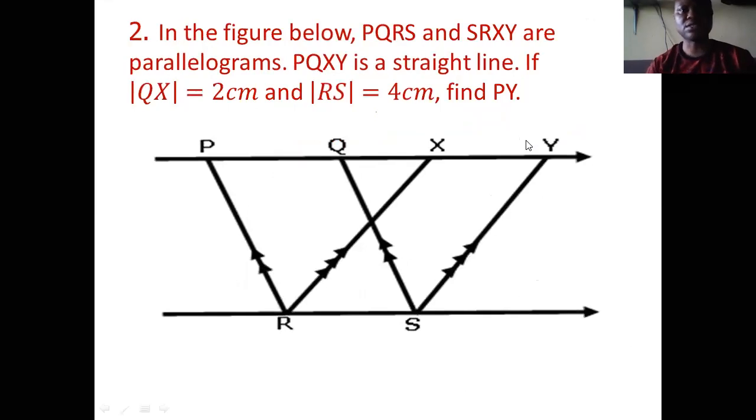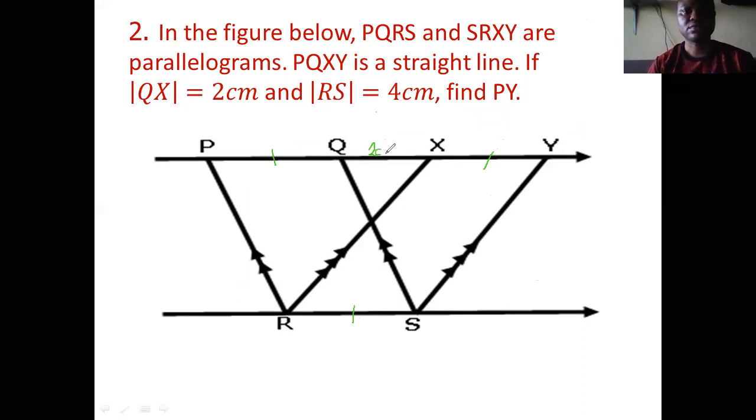Let me explain this homework first before we proceed. Recall that PQ is equal to side RX equal to side XY. And in the question, QX is given to be 2 centimeters. Just giving you the hint.